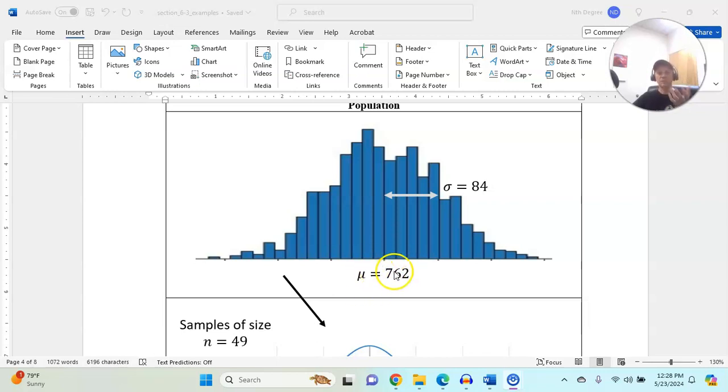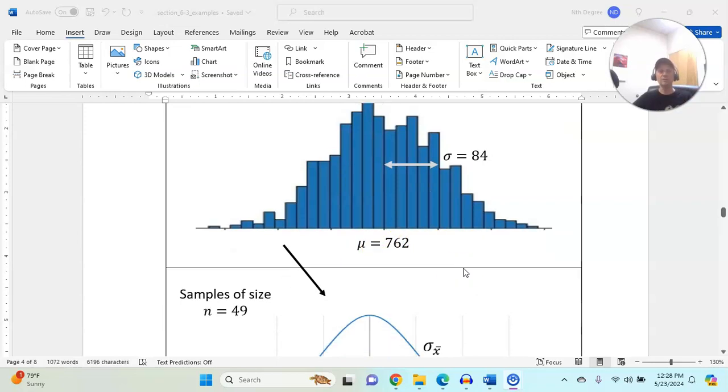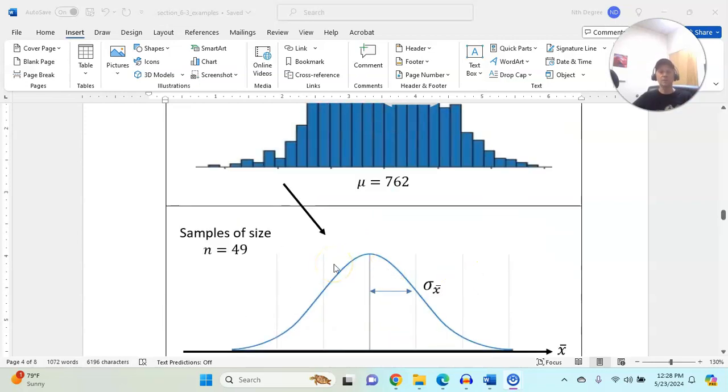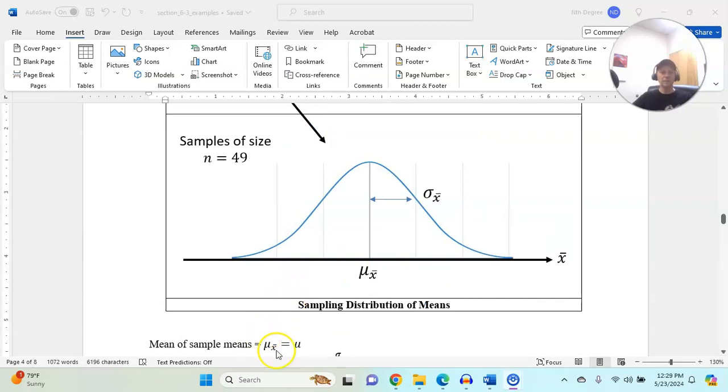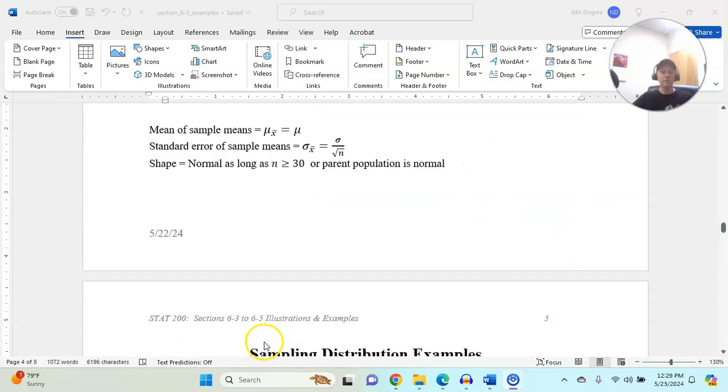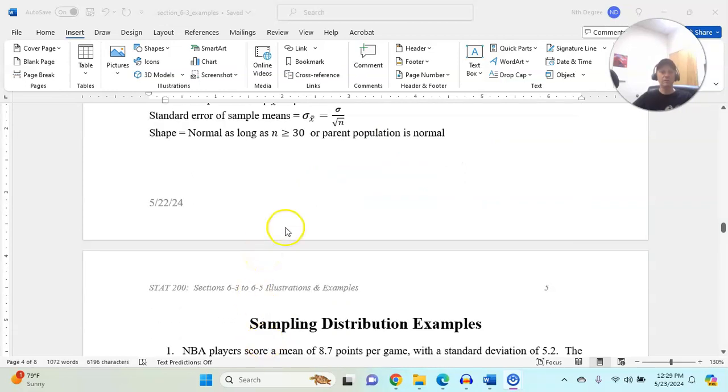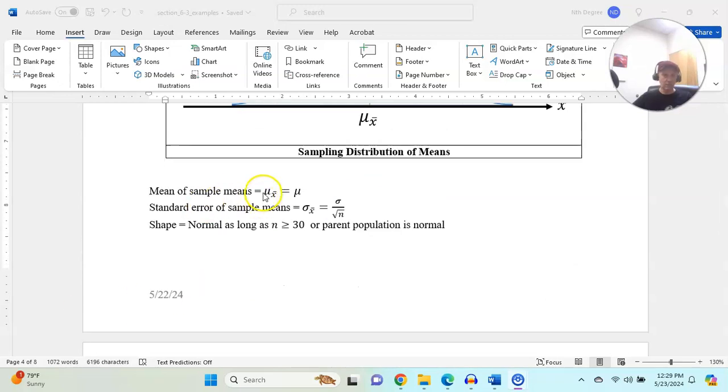And if you said 762, you're right. That one's intuitive. So just like the case for proportions, the collective mean of all the sample means equals the population mean. The mean of the means is the mean.